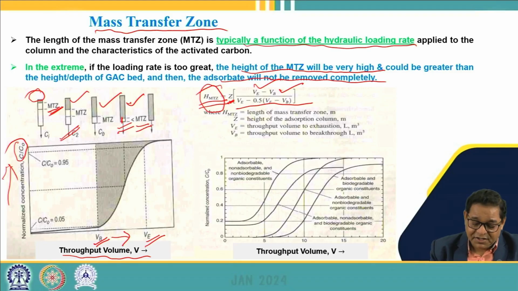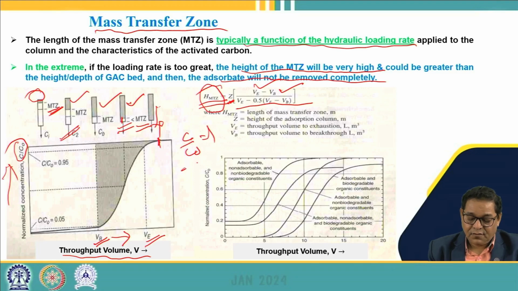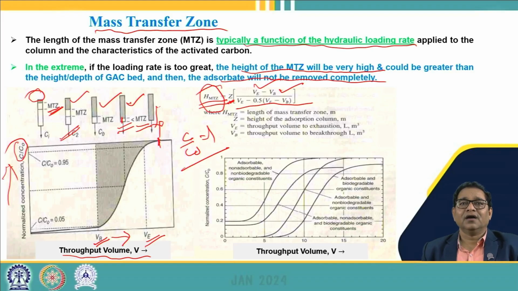In this condition there won't be any adsorption, and this is the point of exhaustion of the bed when C by C0 is equal to 1. So this height of the mass transfer zone is very important to finalize the overall height of the column required for this adsorption process. By analyzing the breakthrough curve, we can also determine a very important characteristic of the adsorbate which is present in the wastewater.